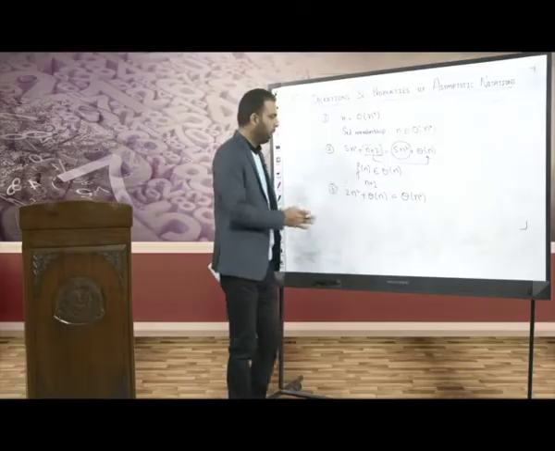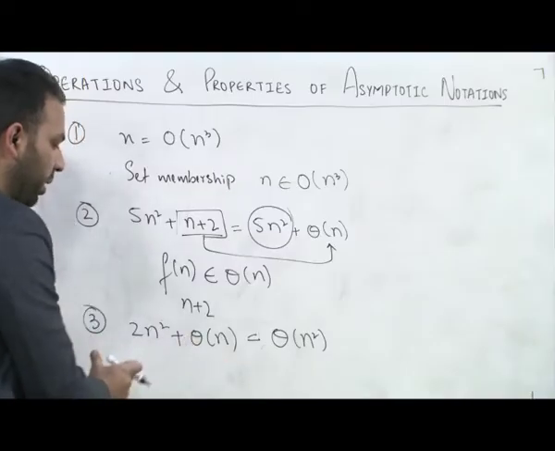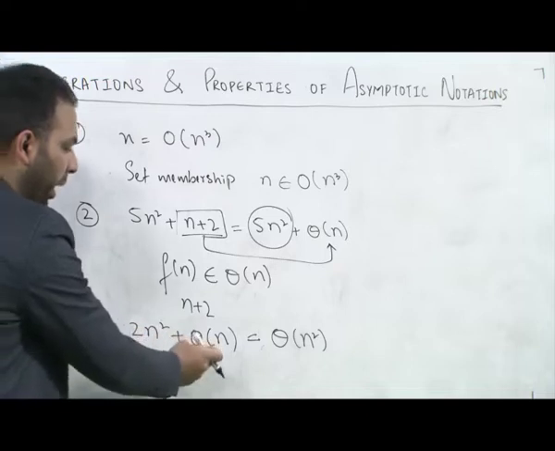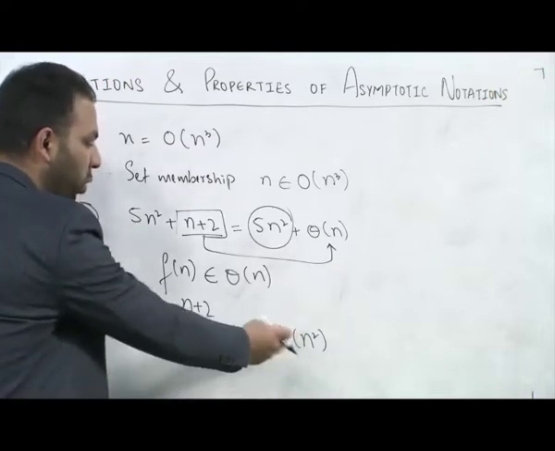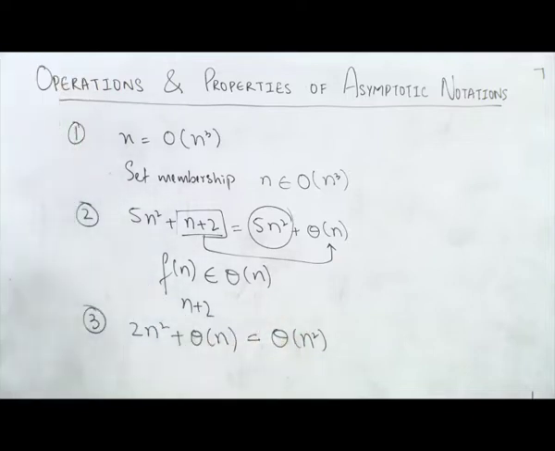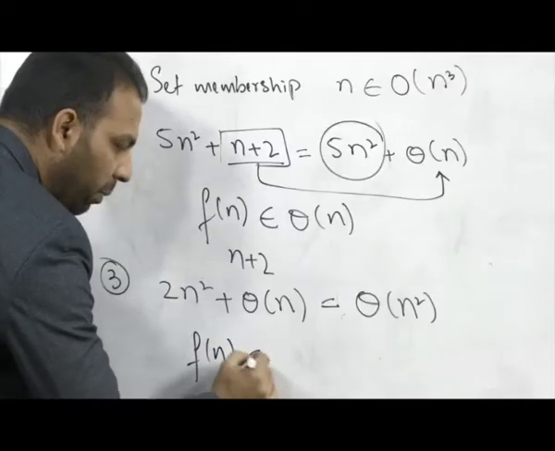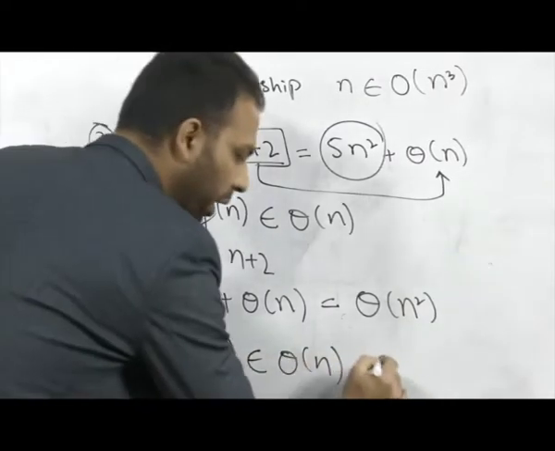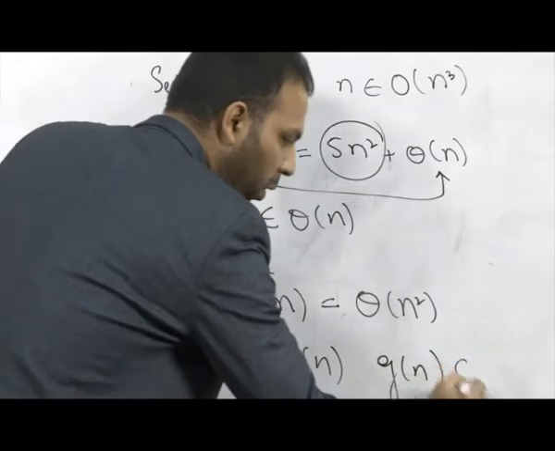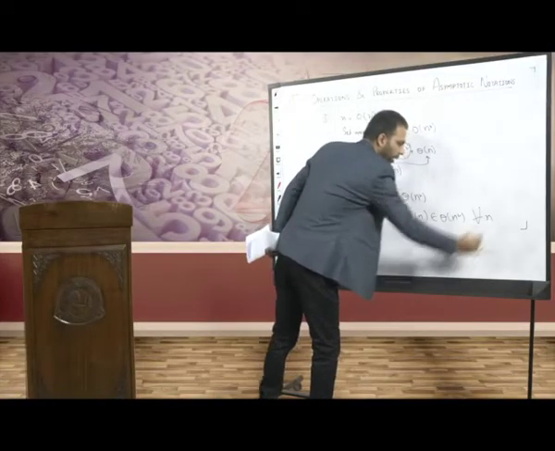Because we have seen something similar over here, you can comprehend what the left hand side means. We are taking 2n square and then an anonymous function of order n here, but we are showing that it equals theta of n square. It means that if we take a function f of n that belongs to theta of n, there will definitely exist a g of n that will belong to theta of n square for all n.